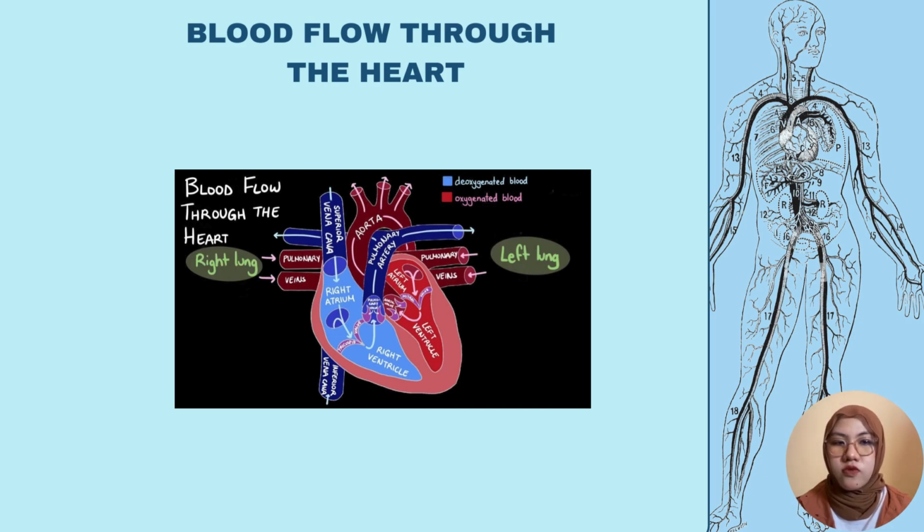Blood moves from the left atrium through another valve into the left ventricle, the strongest chamber of the heart. The left ventricle contracts and pumps the oxygenated blood out through the aorta, the largest artery, delivering oxygen to the rest of the body.